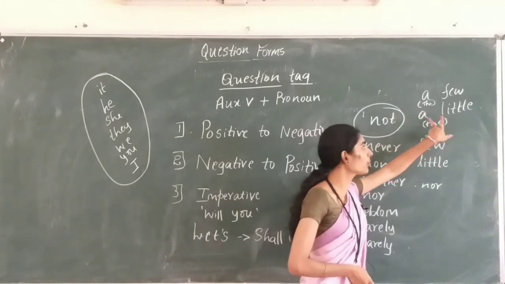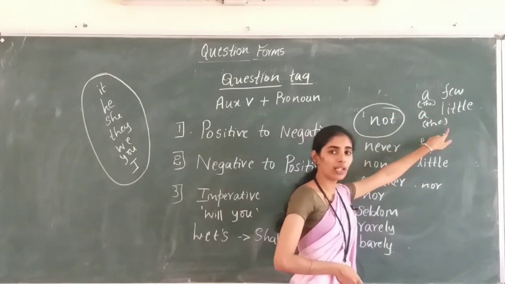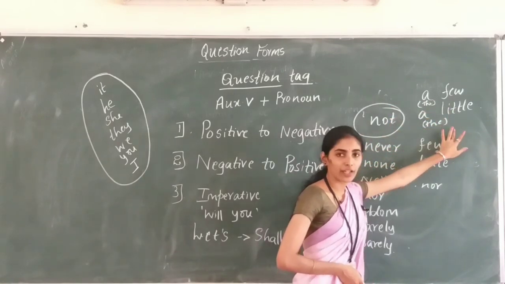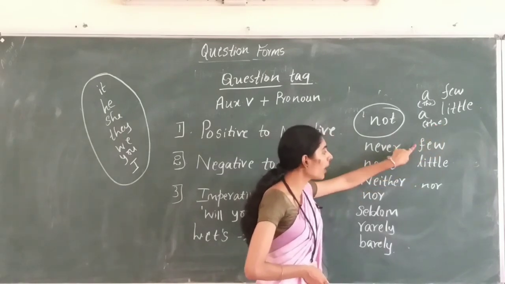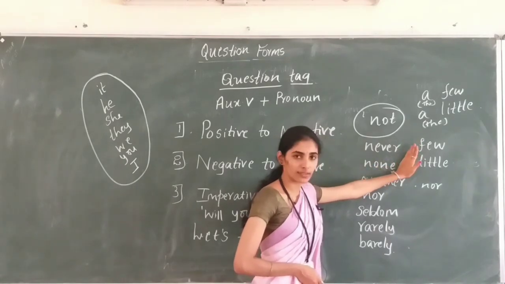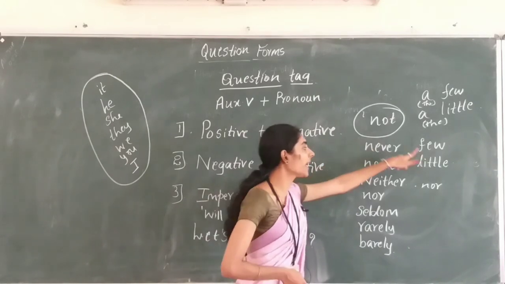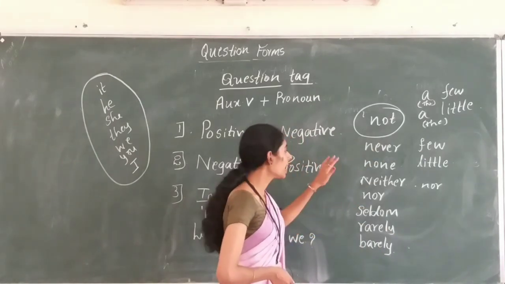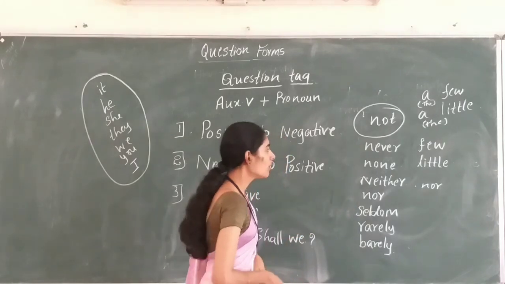These are not negative words. When you add an article before few and little, it won't be negative. But if there is no article before few and little, then they are negative words. So these words make the sentence negative. Then the tag must be positive. So remember all these words.